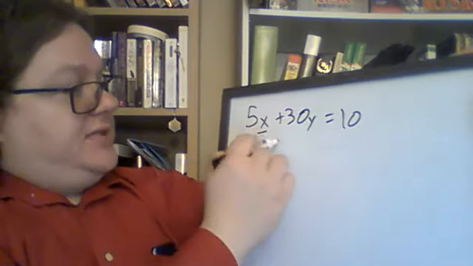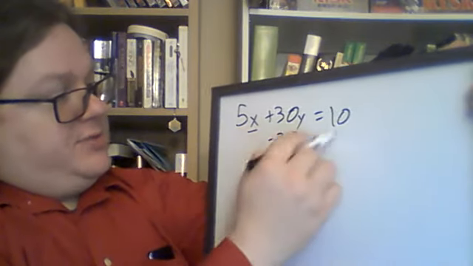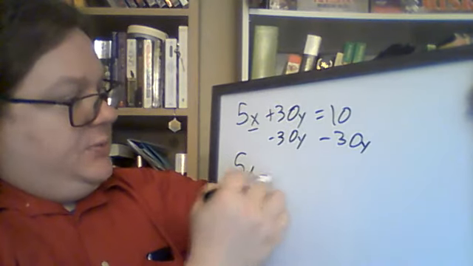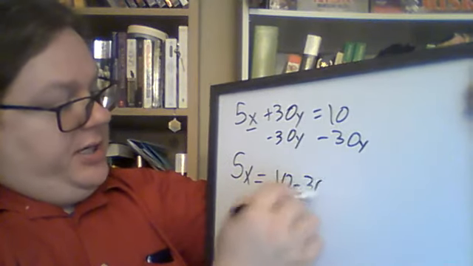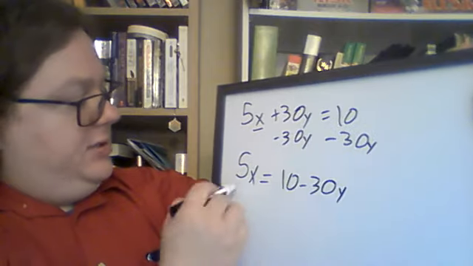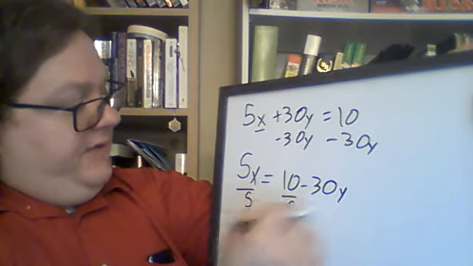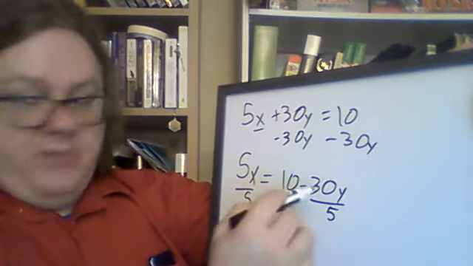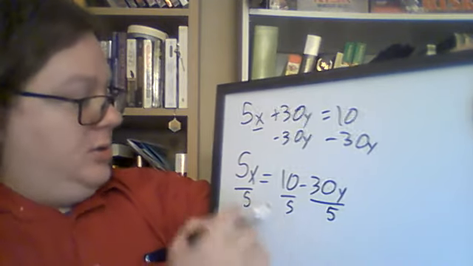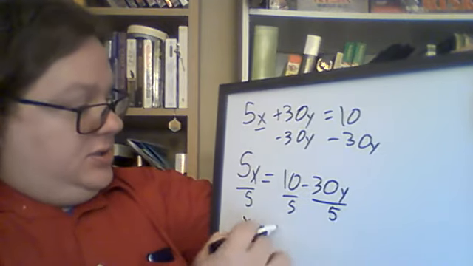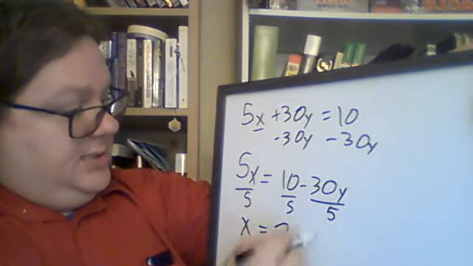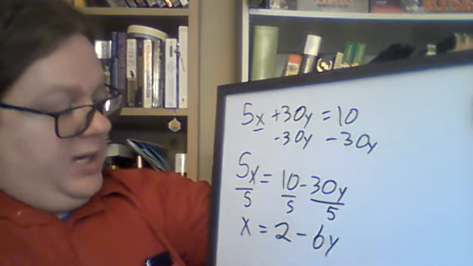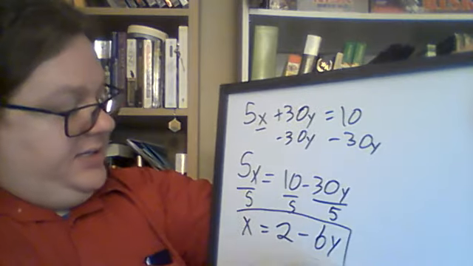So I'm going to subtract the 30y. 5x equals 10 minus 30y, divide by 5. Each term has to be divided of its own accord. So x equals 2 minus 30 divided by 5 is 6, 6y. And that is our answer.